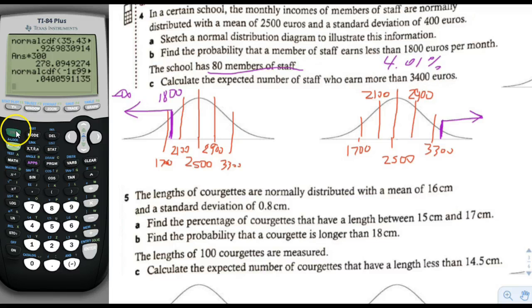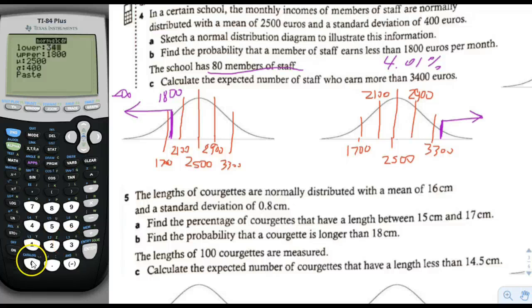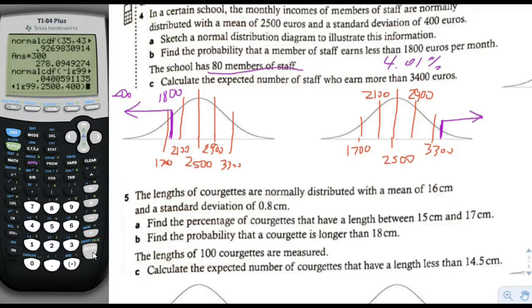So we're going to put second distribution, normal CDF, and we're going to put 3,400 and positive infinity here, and then the mean and the standard deviation are already there. Okay, and so it's going to be 1.22%.